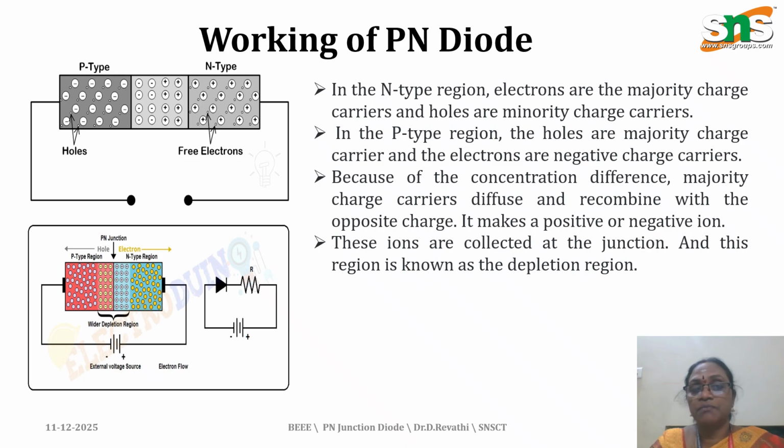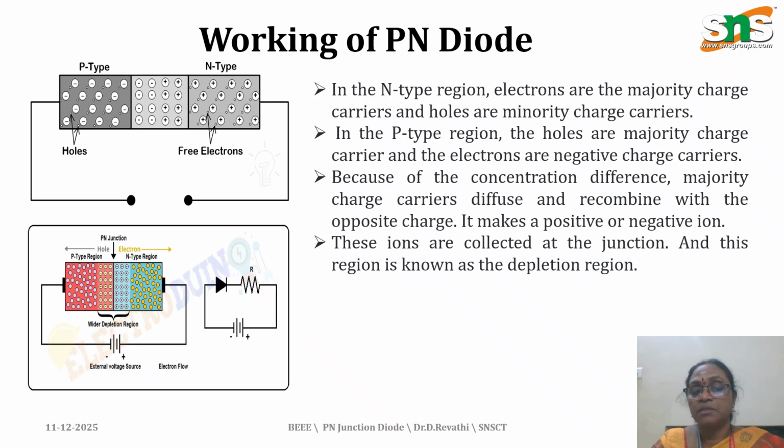So a diode can work in two biasing modes. One is forward bias and another one is reverse bias. If we connect P to P and N to N, we call it forward bias. Here the P-type material is connected to the N and the N-type material is connected to the P, so it is reverse bias. If you increase the reverse bias voltage, what will happen? The depletion region becomes wider.